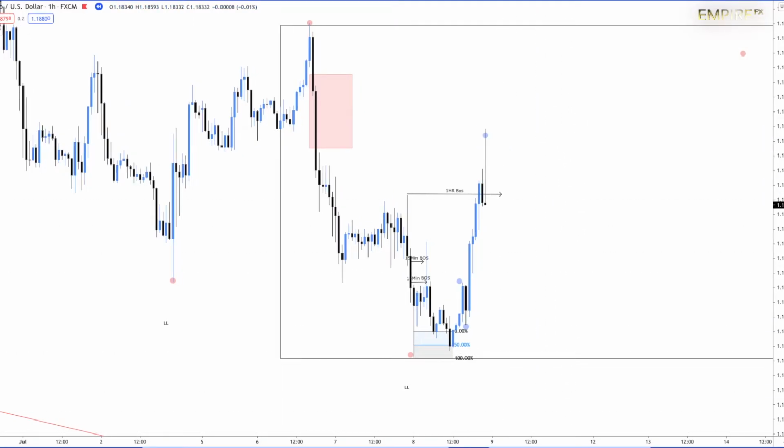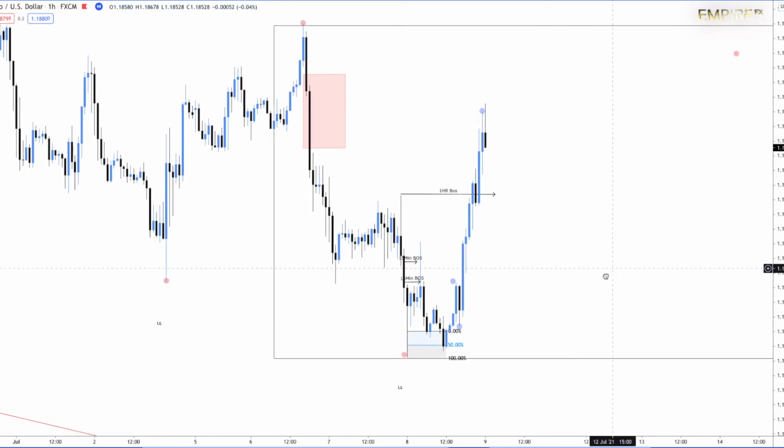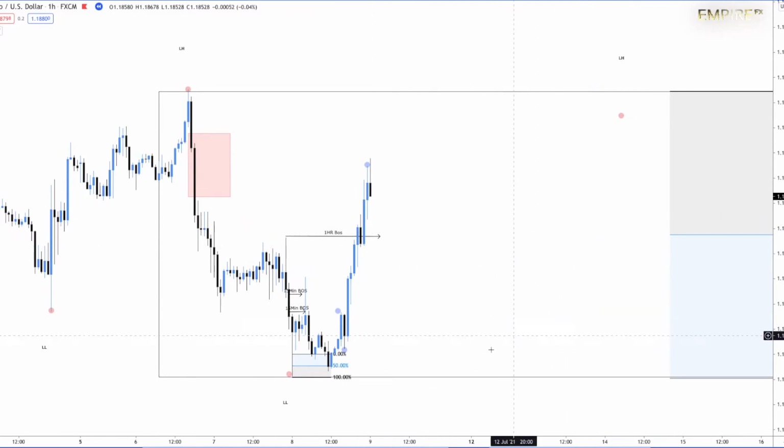So let's see. Yep. So each candle is still moving up, high. Let's just follow it. High. It's coming up, mitigating this imbalance. We're getting into a premium now. However, we still changed trend. We haven't come into our key area up the top here where we think price will fill.